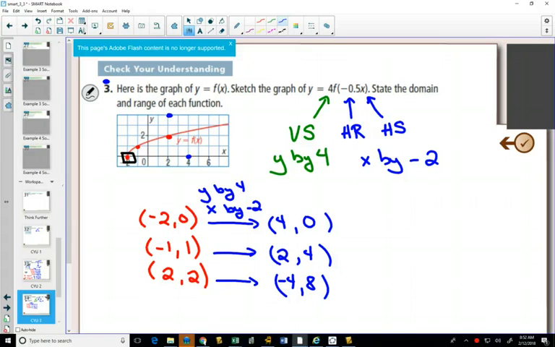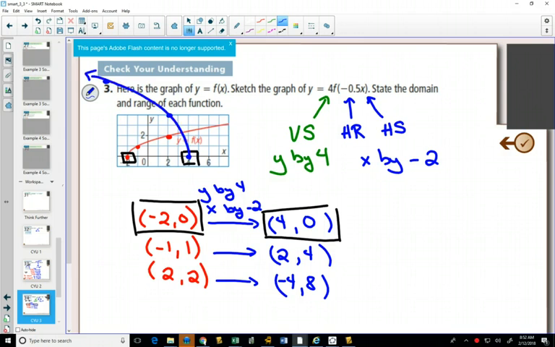That's where everything starts. That's -2, 0. Where did that point go? That point changed to 4, 0. So when I'm drawing it, I know that this is my starting point. I'm going to start here, and so I have to go up in this direction.